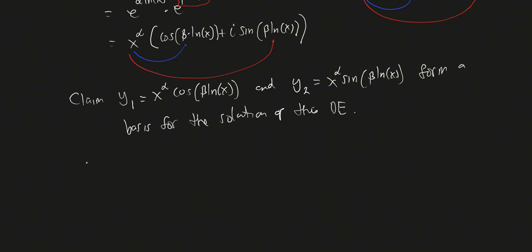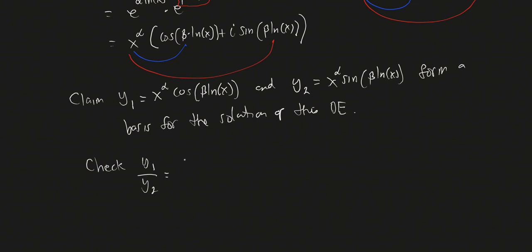So if we check y1 divided by y2, if this were to reduce to a single constant for all values of x, then I couldn't justify that they're a basis. But if the quotient doesn't reduce to a constant, then y1 and y2 must be linearly independent, right?